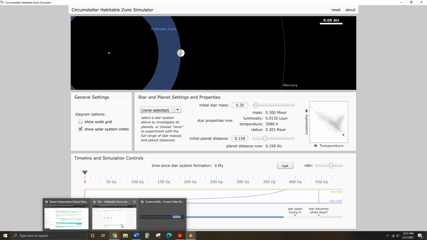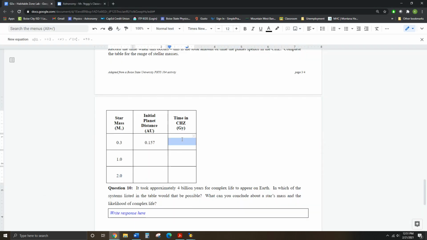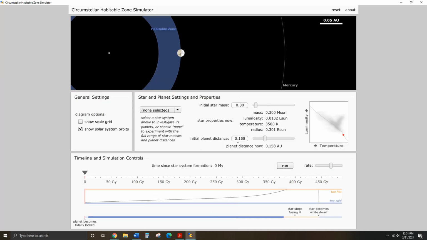So remember, what you need to mark here is how long the planet will stay in the CHZ. We'll also need to mark, well, how far is that planet at that point? You'll notice in this case, I've already got it set right on that fringe. So the initial planet distance, that outer fringe, is 0.157, already listed for you.